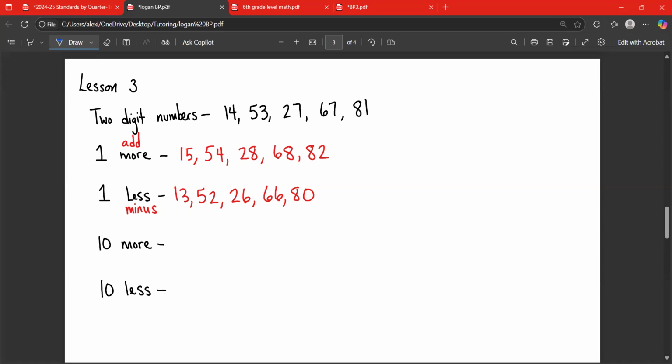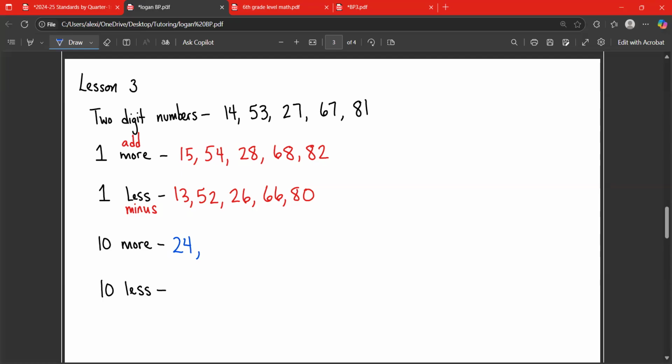I've got to move over to the other fist. 20, 21, 22, 23, 24. So 10 more than 14 is 24.